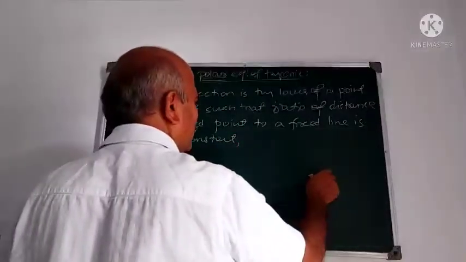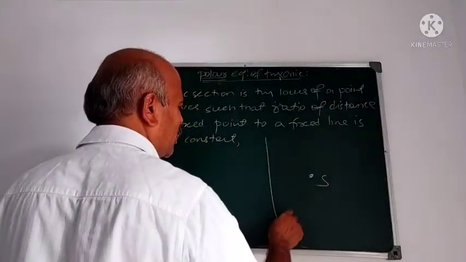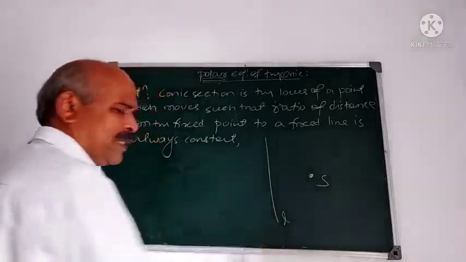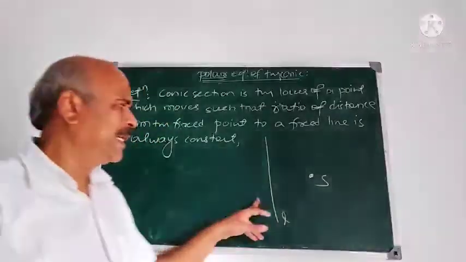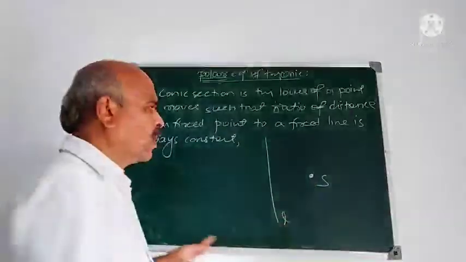So I take this as the fixed point. Suppose this is the fixed line L. It is called the directrix. The fixed line is called the directrix. The fixed point is called the focus.